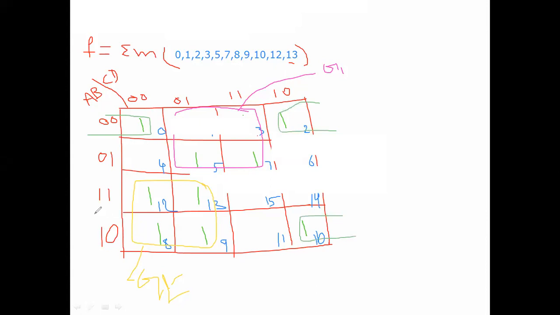This one. And this one. Totally these 4 ones form a quad possibility. So these 4 ones is one group, that is group 3.